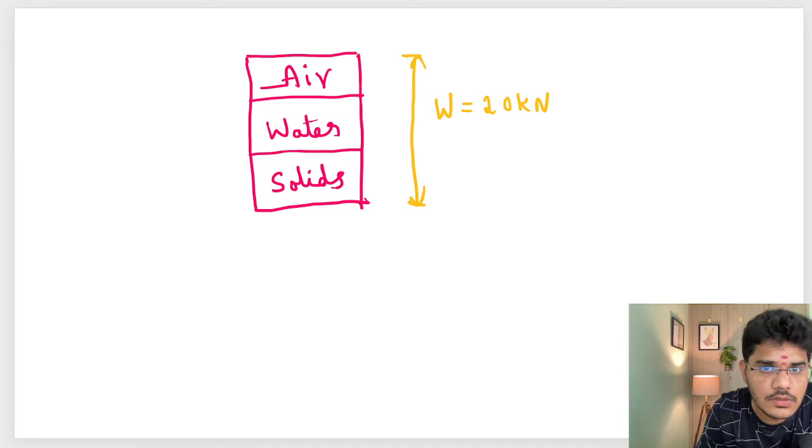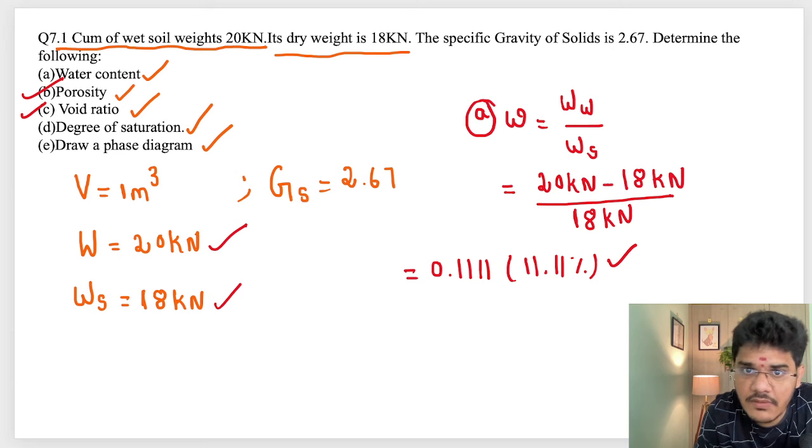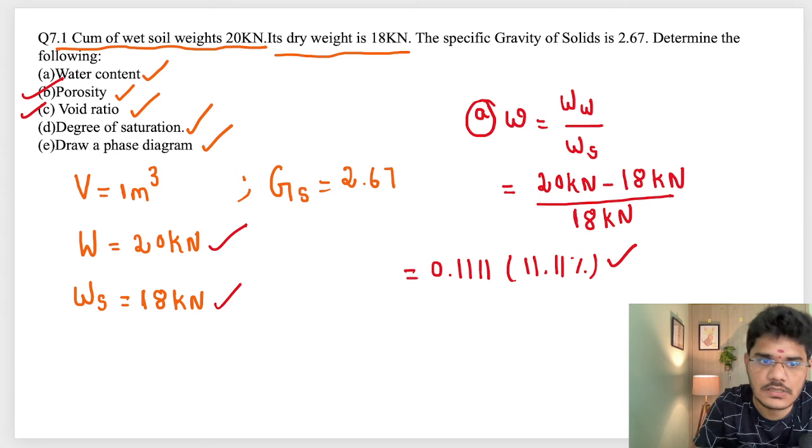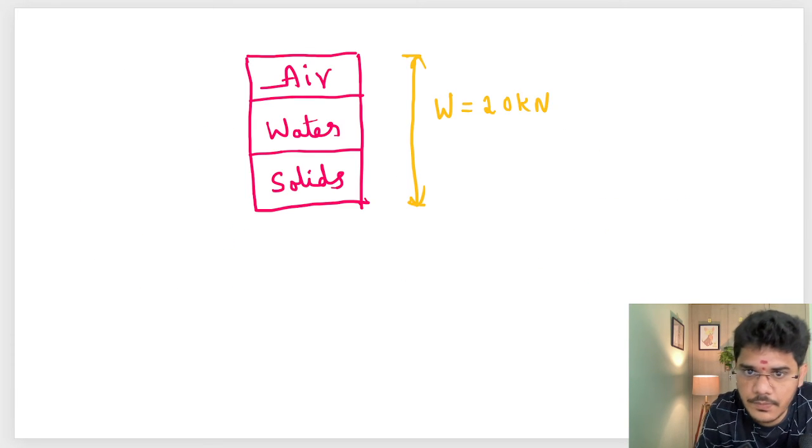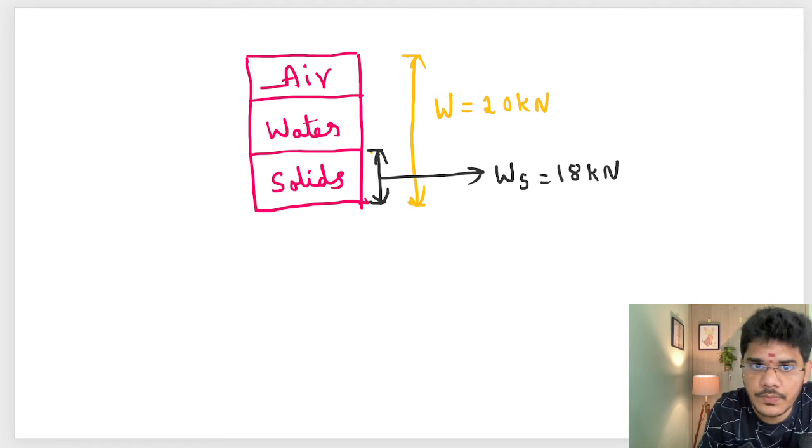And one more thing he has given is the dry weight. Dry weight means weight of solids, that also we can represent. Weight of solids, I'll represent in one more color. Weight of solids, how much has he given? 18 kilonewton.